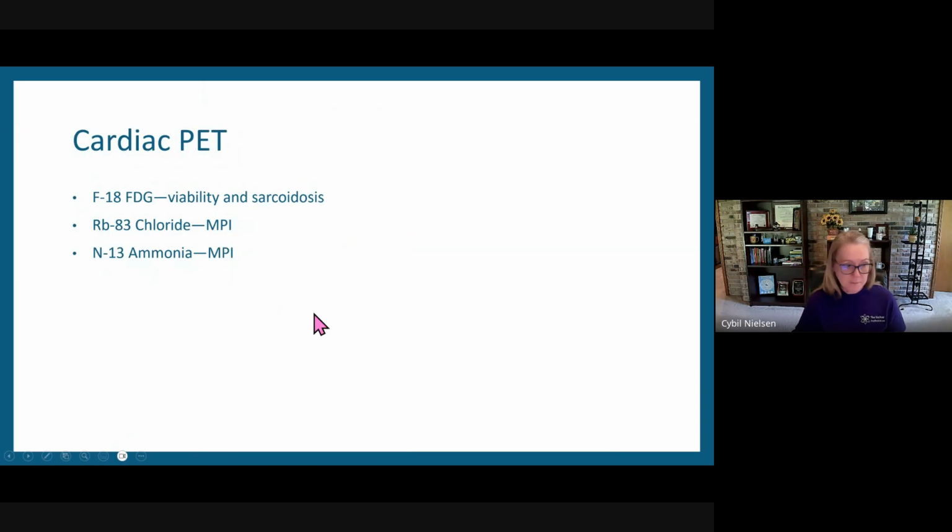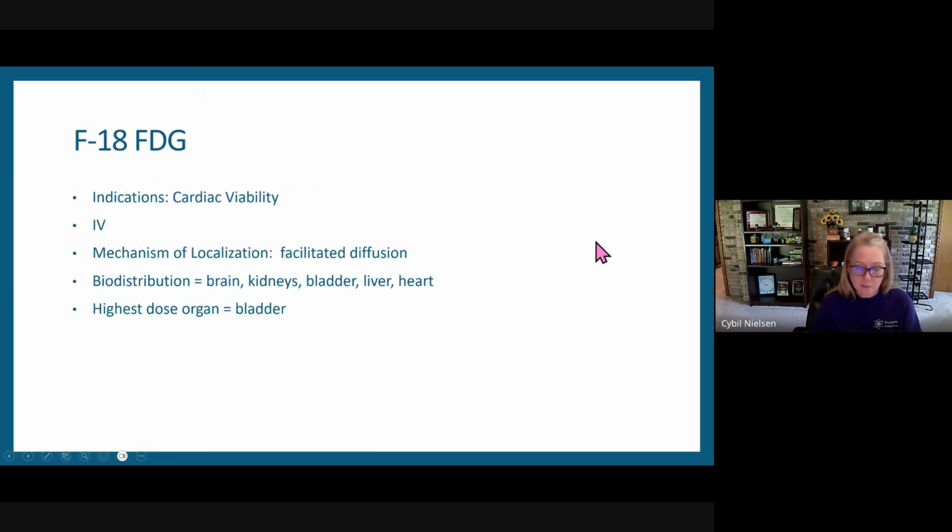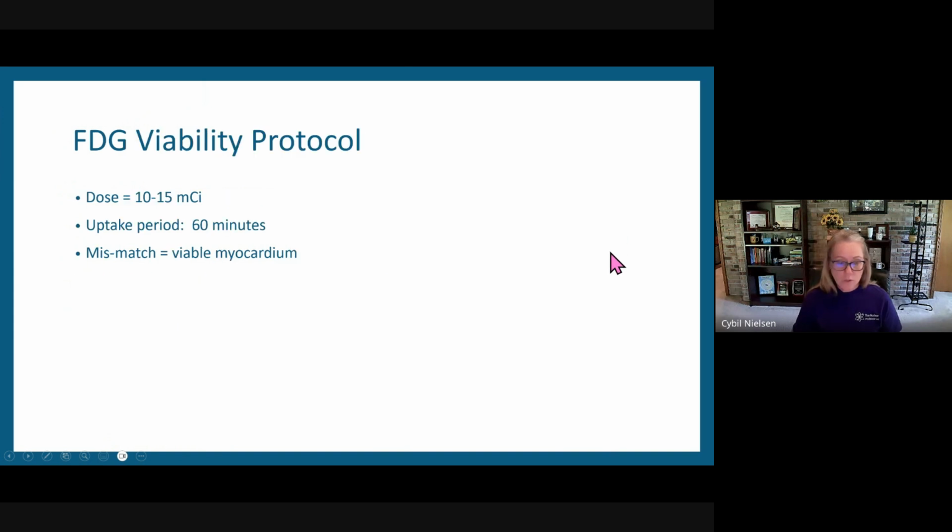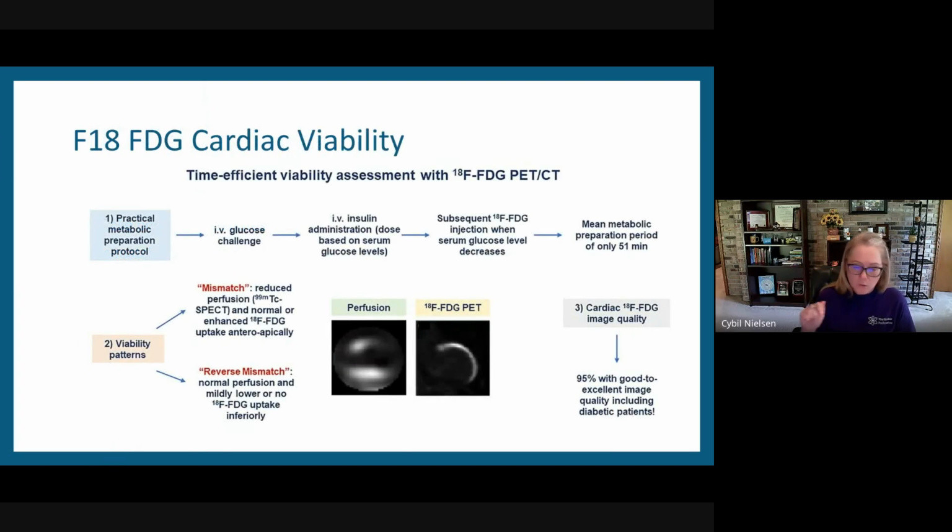All right, cardiac PET. With FDG, we can do viability or sarcoid. With rubidium-82 and ammonia, we can do MPI. So let's talk about FDG viability first. With viability, we want to see every part of the heart that has any kind of blood flow. So we're going to trick the heart.